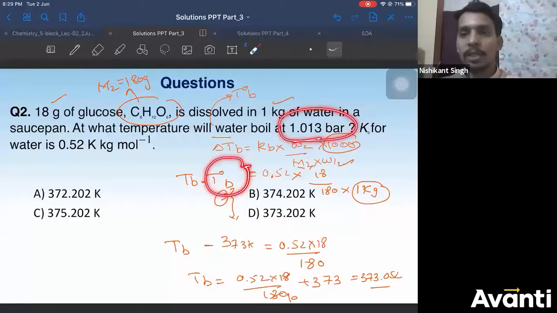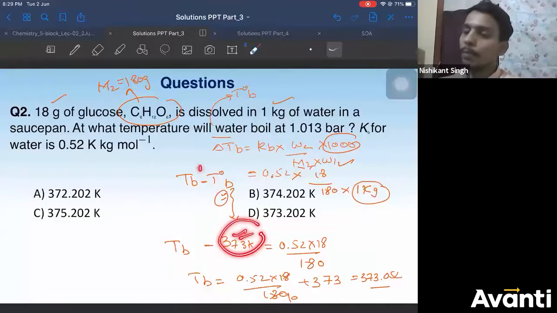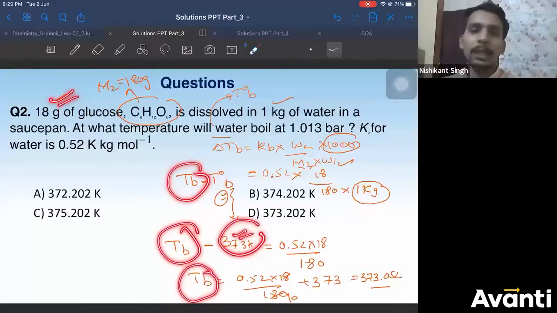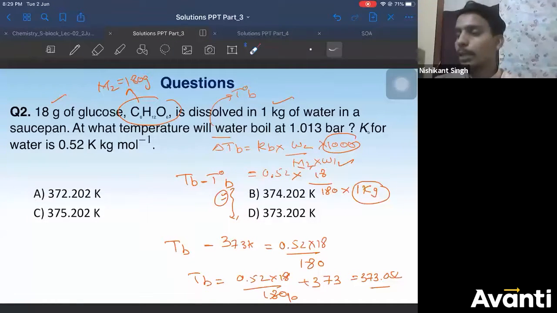We already know 100 degrees Celsius, that is 373 Kelvin. So therefore T naught B is 373 Kelvin. The boiling point of the solution containing glucose is what you have to find, that is TB. So TB comes out to be 373.052 approximately. I hope it is clear.